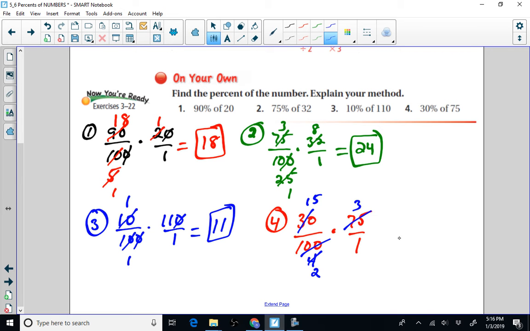I can't divide out anywhere else, so I multiply numerator times numerator. 15 times 3 is 45. Denominator times denominator, 2 times 1 is 2. And 45 over 2 is going to be what? 22.5 would be our answer. So 30% of 75 would be 22.5.